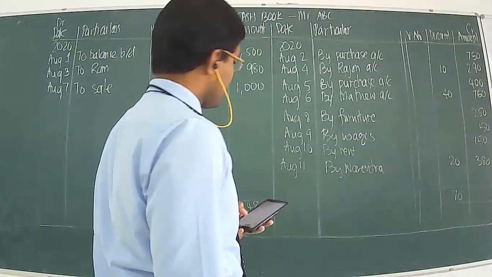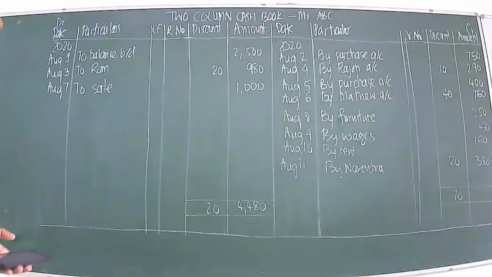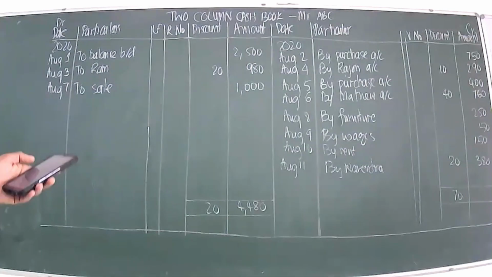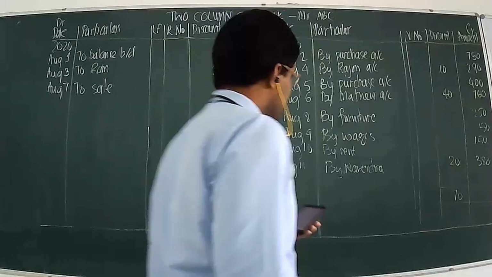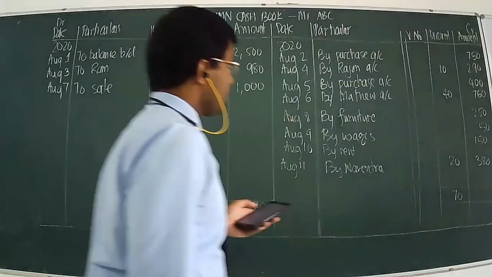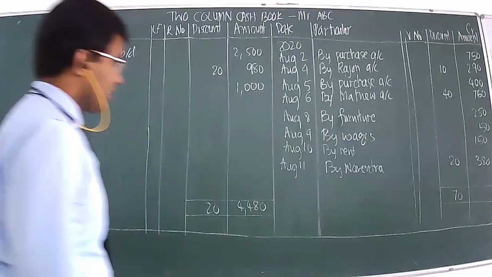When we consider all this together, the total works out to be 3,030.